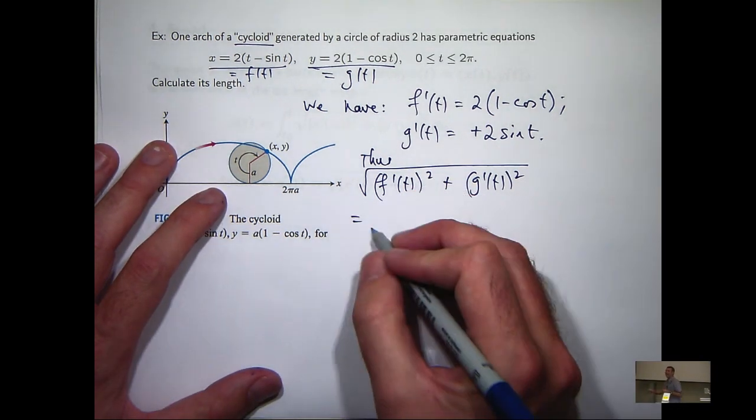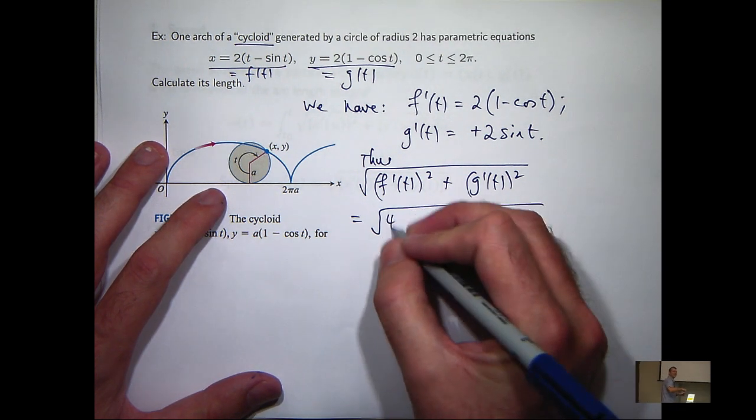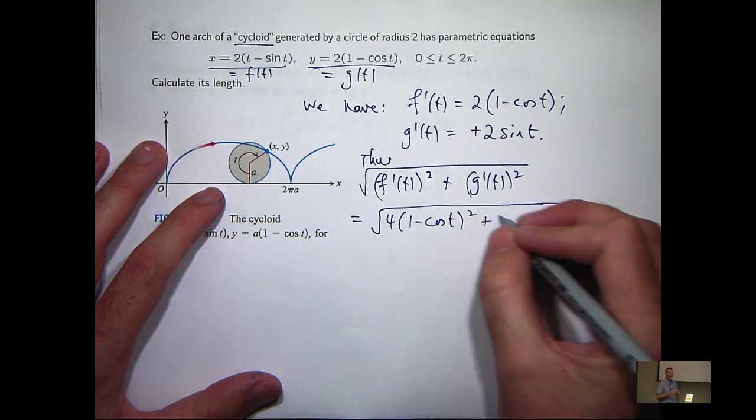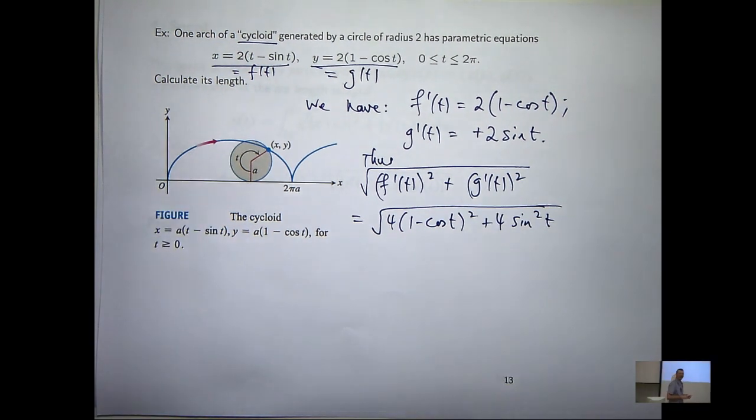All right, so if we square, I get something like this. Now, when I expand the first bracket, I can use cos squared plus sine squared equals 1. And so I'm going to simplify down to the following, as much as possible.